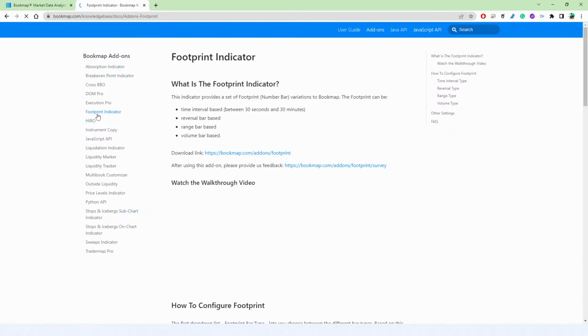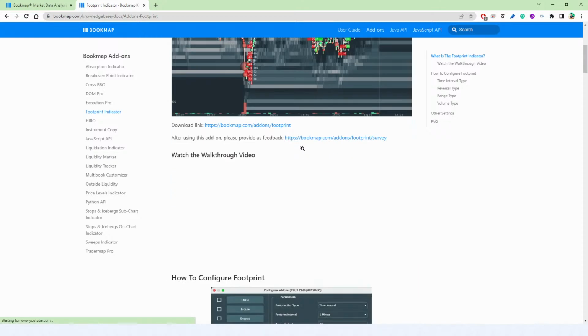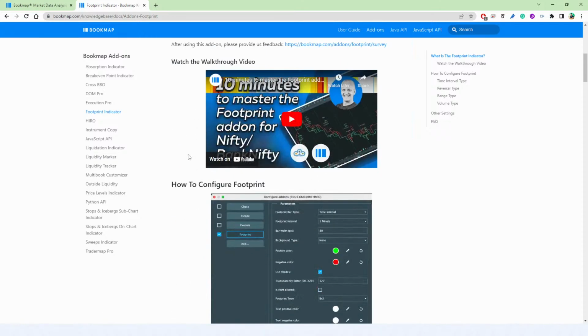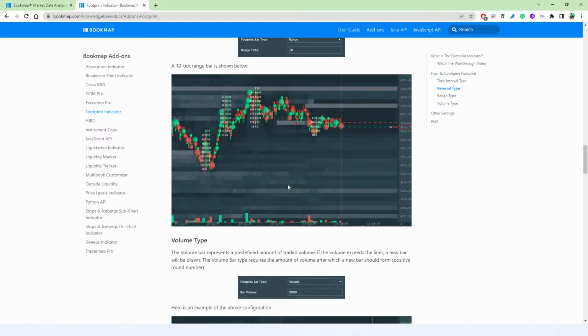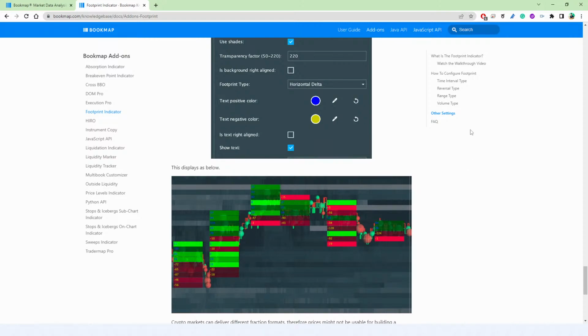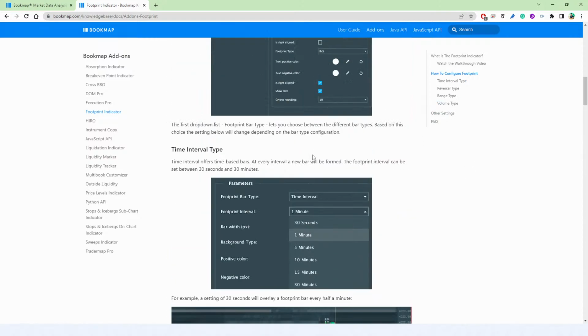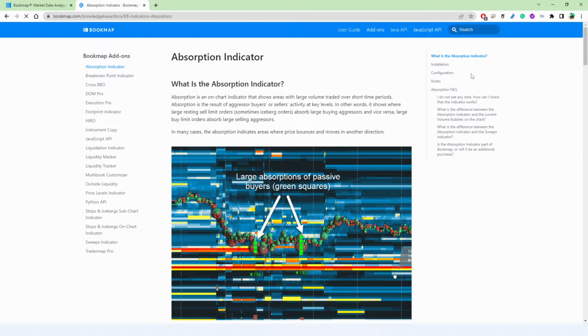If you visit the footprint indicator page, you'll get the idea of the overall information that we look into in terms of the footprint. The setting information and everything will be given over here. Then you can simply go to the download option. I think the footprint indicator is available by default when you download the software, but take the absorption indicator.